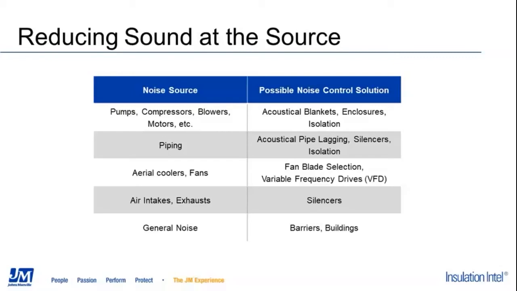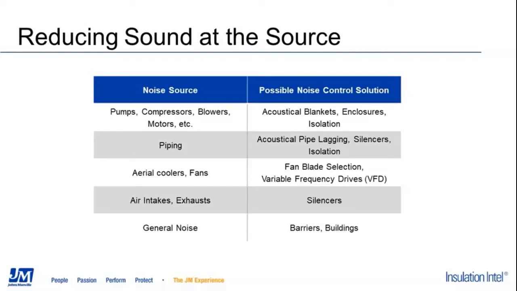You can also do silencers, which can help address the noise that's generated typically by things like flow, gas or liquid flow through the pipe, and again, isolation. Most pipe systems are supported in one way or another structurally, and isolating the pipes from that structure acoustically so they don't transmit the noise can be very important.